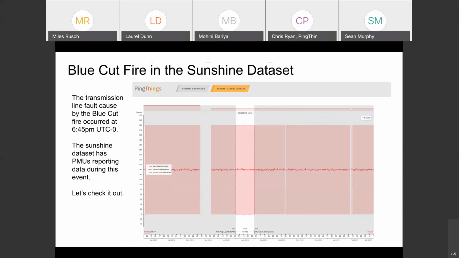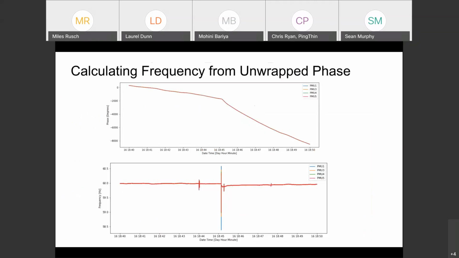And so looking at our Sunshine data set, we see that we do have data on this day. So that's exciting, and let's check it out. Let's look and see what we find. I've gone through all the steps that have been talked about earlier on, like how to query the database and obtain this data.